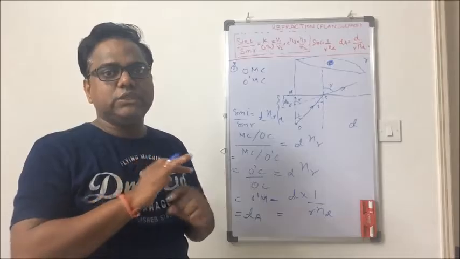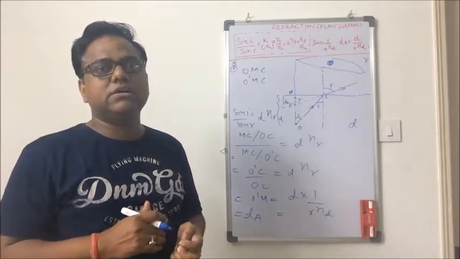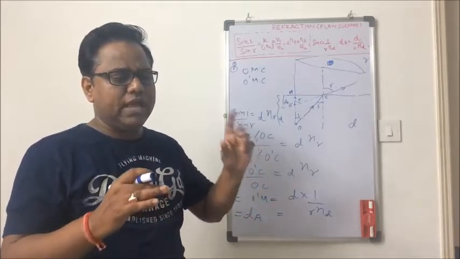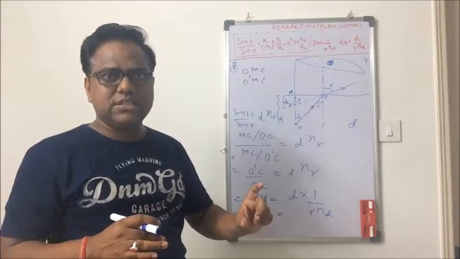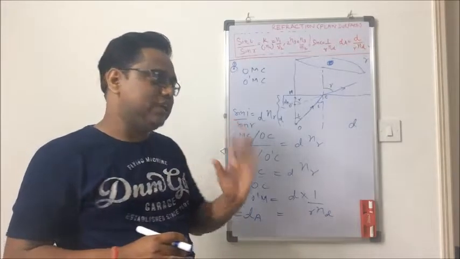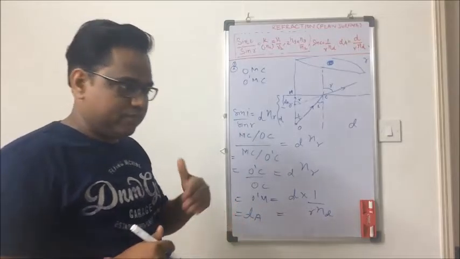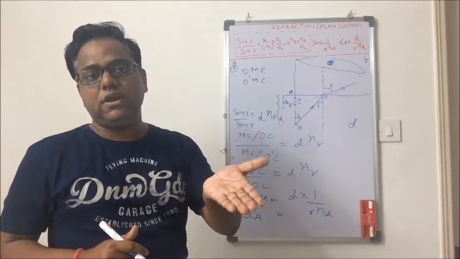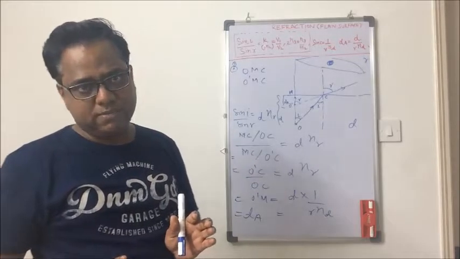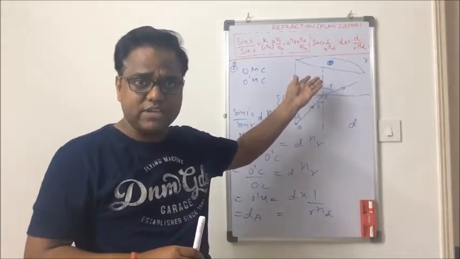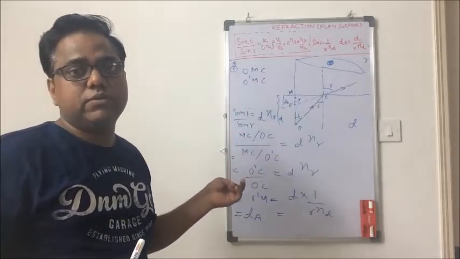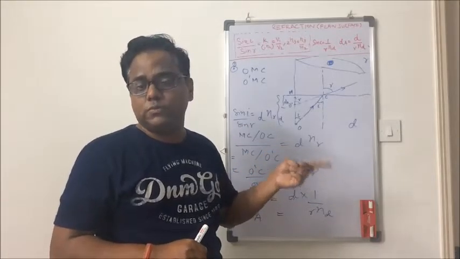Very simple. Whenever these kind of numericals are asked, you just need to remember one thing: apparent height would be lesser than real height. I should say depth, sorry, depth. If rays are coming from denser to rarer, that happens when you divide actual by the refractive index of that medium. And we assume that it is air, but if it is not air, then you have to be very careful. You have to take the refractive index of the denser medium with respect to the rarer.